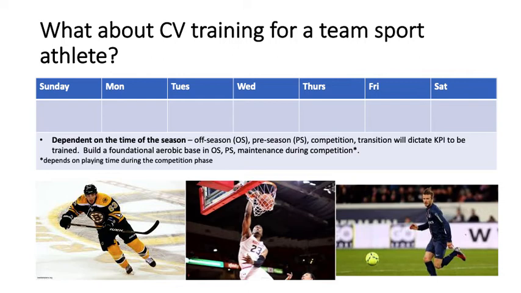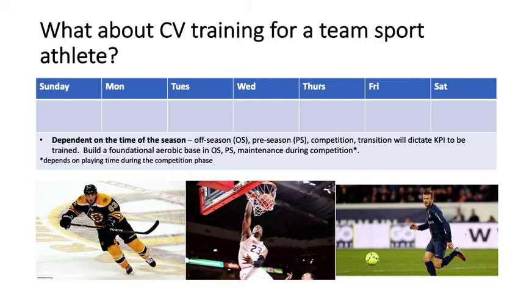So, for example, my husband used to work with the Montreal Canadiens and the Hamilton Bulldogs, which is the AHL team for the Montreal Canadiens. And he was their athletic therapist and strength and conditioning coach. And if a player had less than 10 minutes of playing time in a game, they actually had to do a sprint workout on the bike after the game, as well as a whole body circuit.